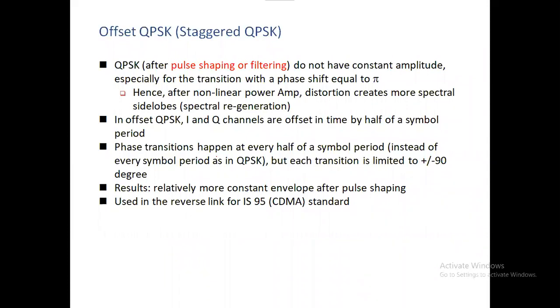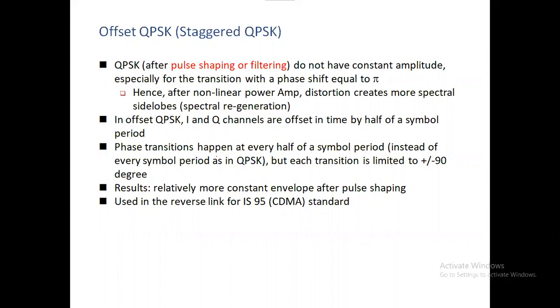But the problem with QPSK is that we can have a phase shift of pi. So the transition at the time of the next symbol is pi, and this pi shift makes it difficult for a non-linear power amplifier, as used in satellite communication.